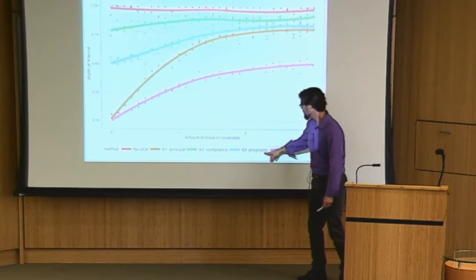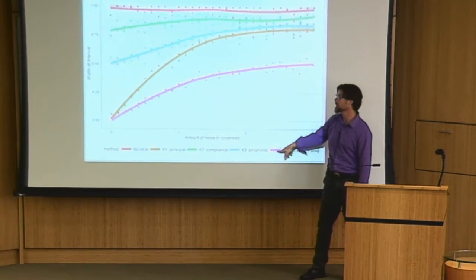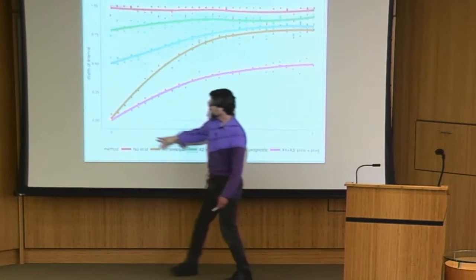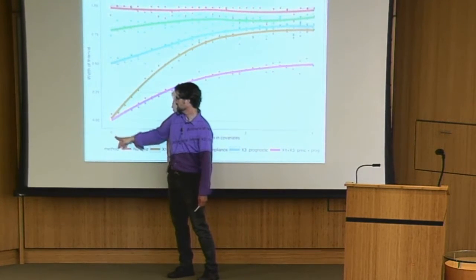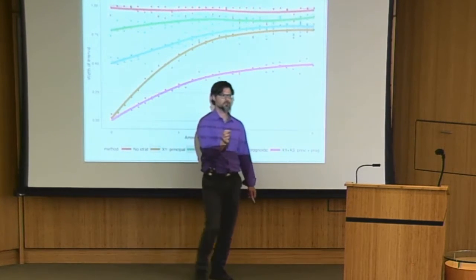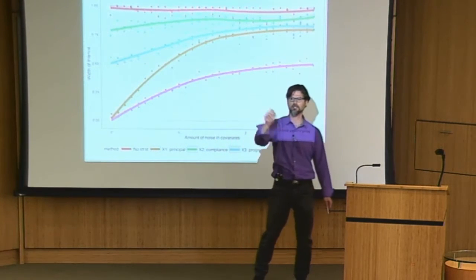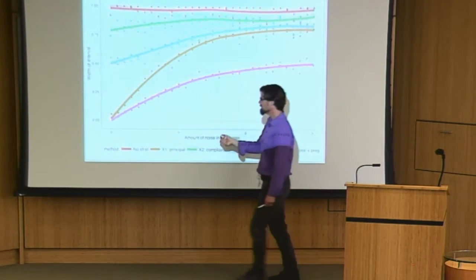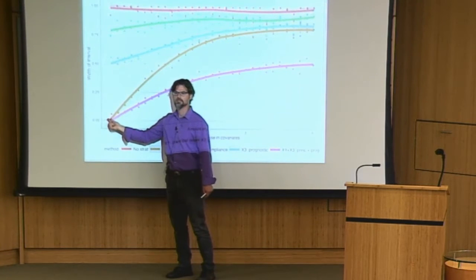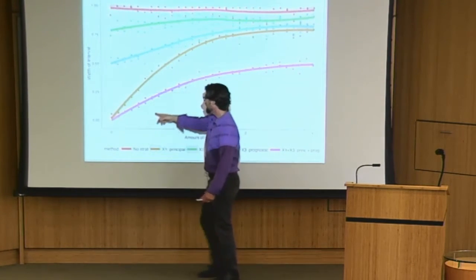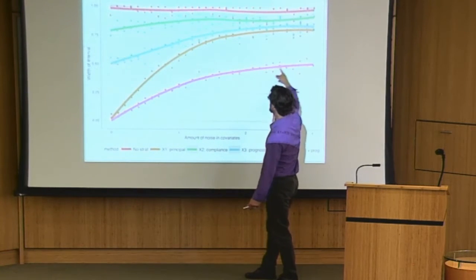If we look at the prognostic score that tells us what kind of complier you are, if we know what kind of complier you are, in the 0 noise case, that variable is basically telling us you're low quality, you're high quality, you're low quality. Not surprisingly, the bounds are almost 0 because we just know who's who, and we can just analyze them. As we add noise, though, the bounds get wider and wider.